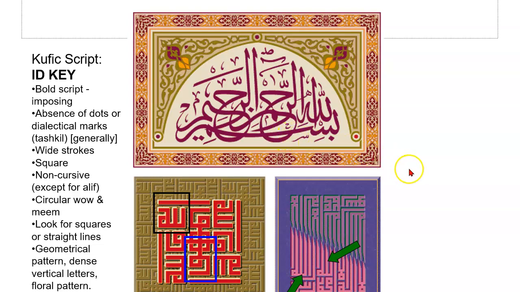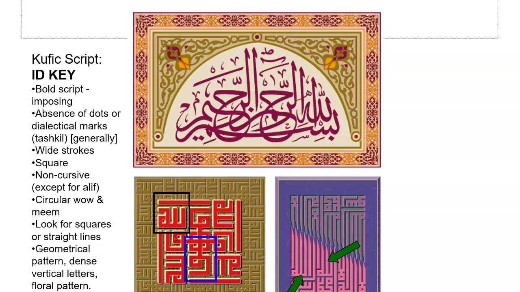Kufic, again, is easily recognized with its wide pen stroke and boldness, and here is a variation with dense vertical letters on the right and a geometrical pattern on the left. It's a little challenging to read these two patterns, but try to find words that you can recognize. Again, I think the easiest letter to identify is Alif, and the easiest word in any style is Allah or Muhammad. Search for Alif and Allah on the left pattern first.